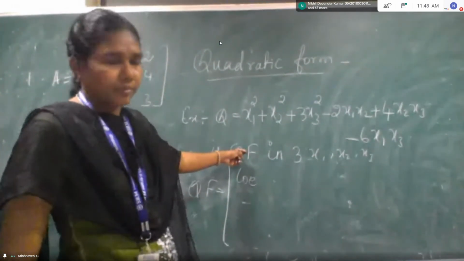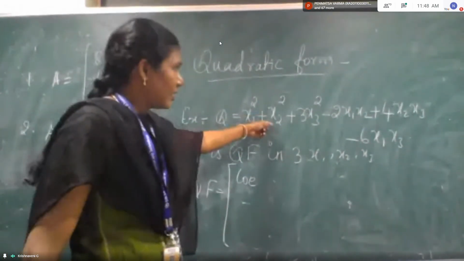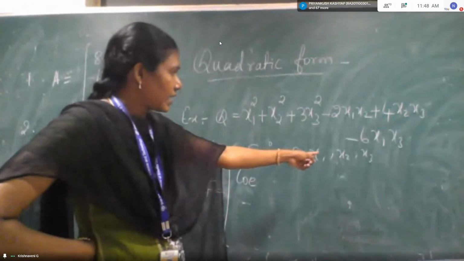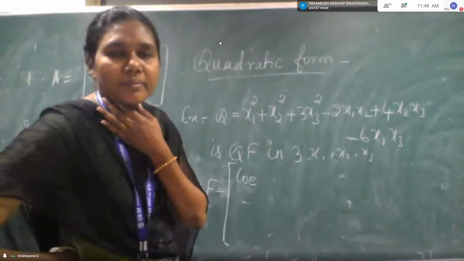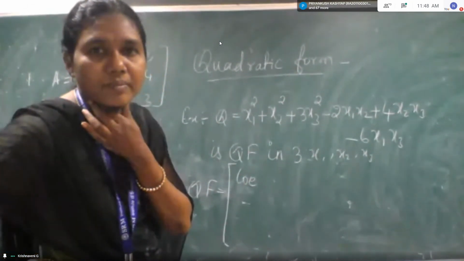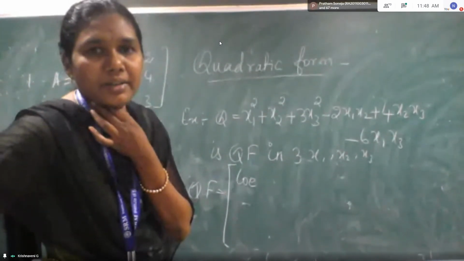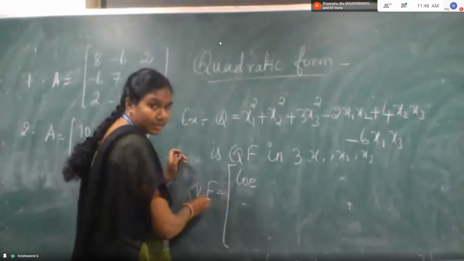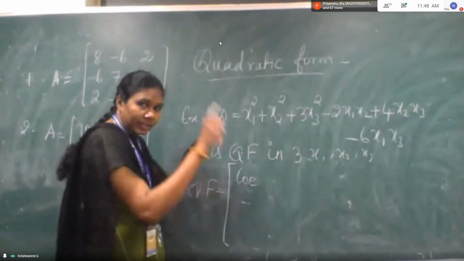This example is the quadratic form in three unknowns x1, x2, x3. Next, this is also the quadratic form in the matrix form.